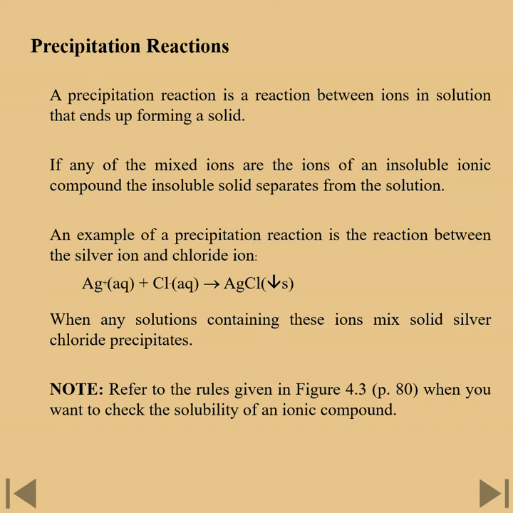It showed that silver was soluble with lots of things, but when it came to chloride, it had a shaded box, indicating that it was an insoluble precipitate. So again, when we get to step 2, you're going to have to refer to that figure, 4.3, to determine if we're forming an insoluble precipitate.